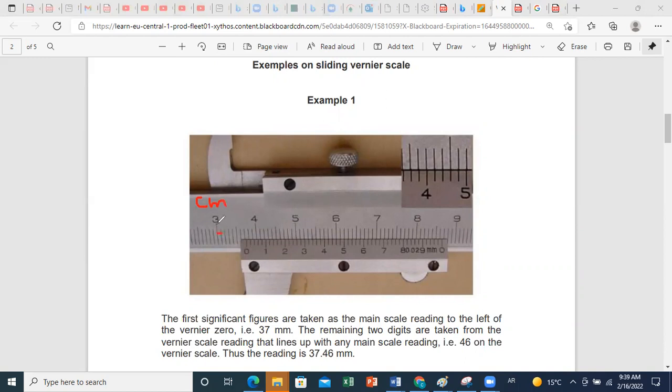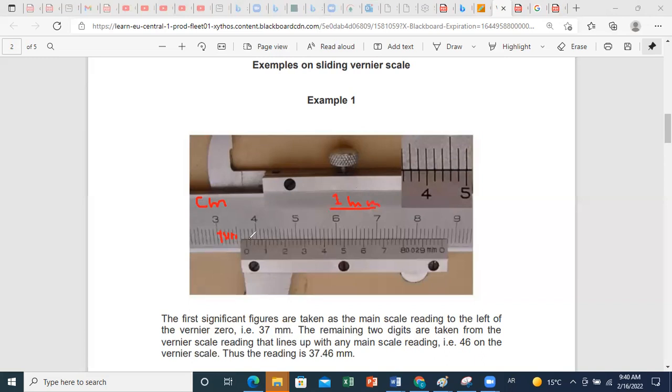When I have 3, it's 3 centimeter, 4 centimeter, 5 centimeter, etc. And each centimeter is divided on the main scale into 10 parts. So I am able to read up to 1 millimeter on my main scale.